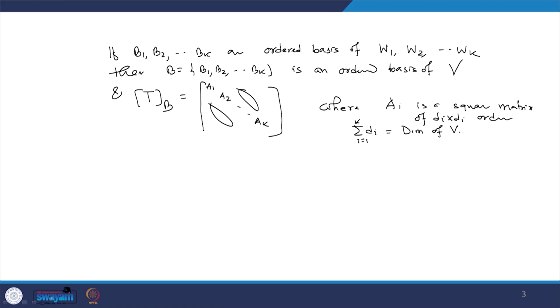Now, the question is under what condition each Wi will be T invariant.